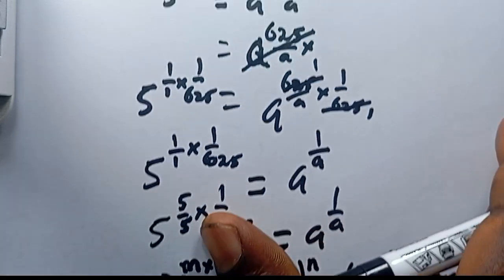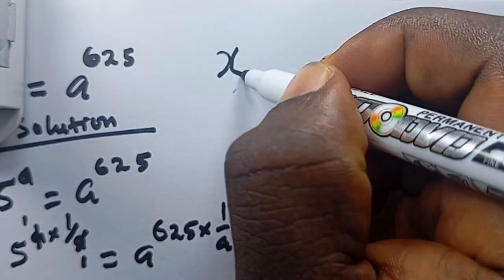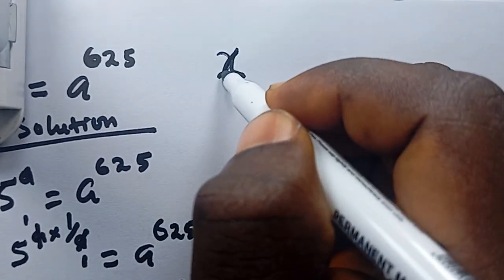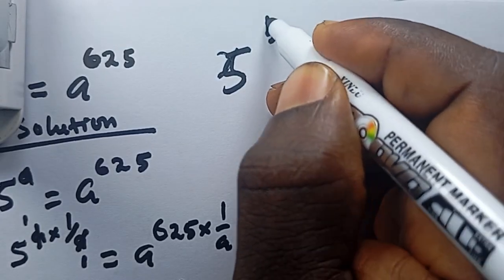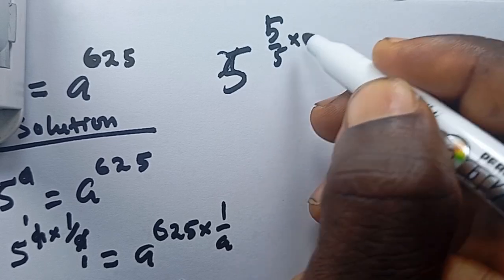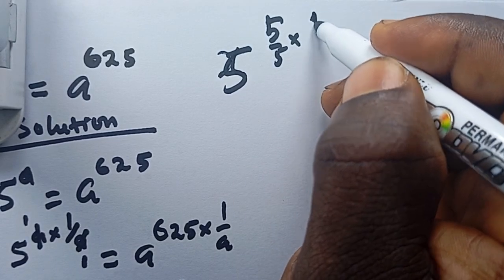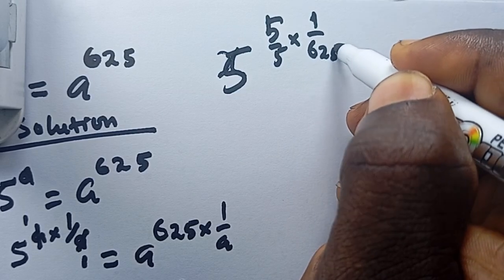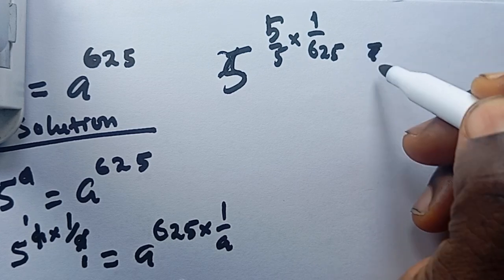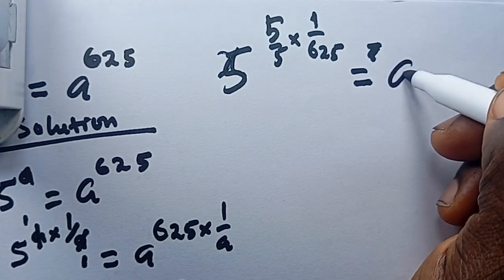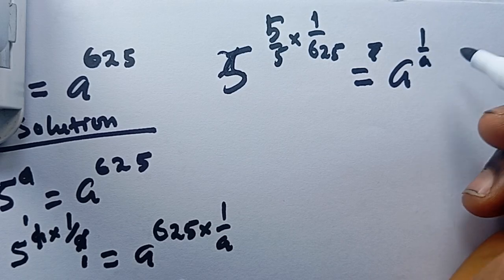And now moving on, what I have there is x is 5 power 5 over 5, and then multiplied by 1 over 625, equal to a power 1 over a.